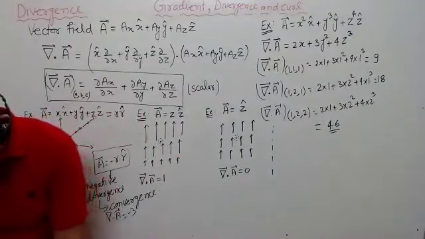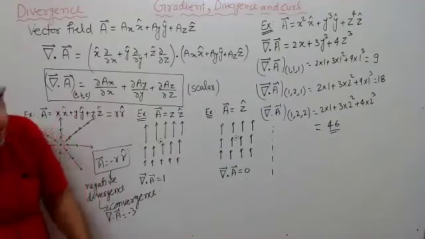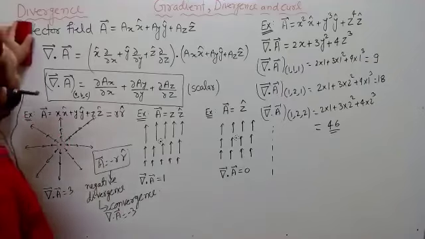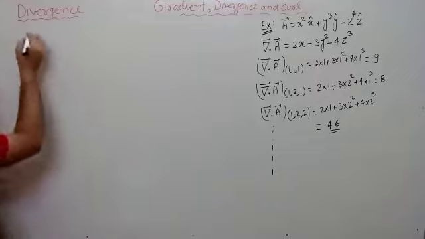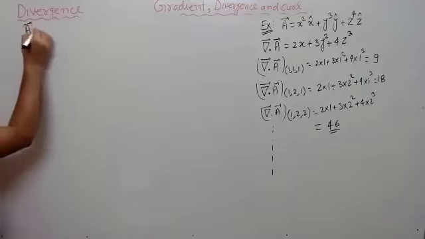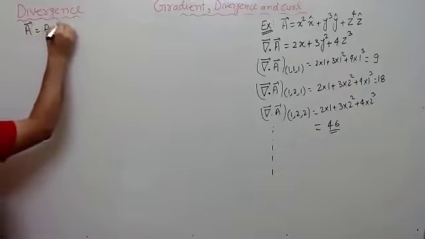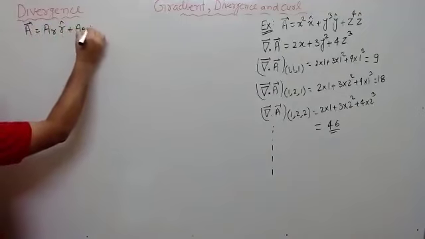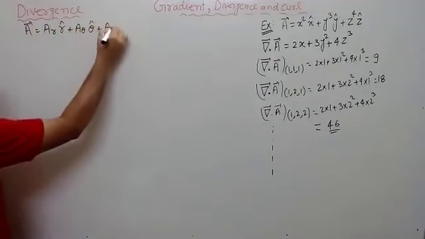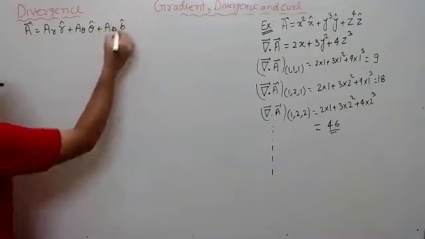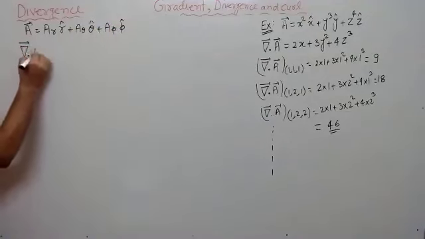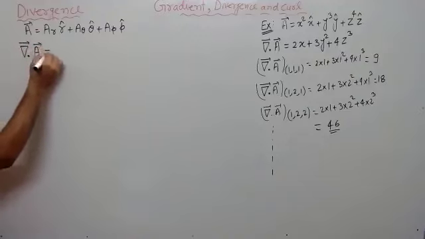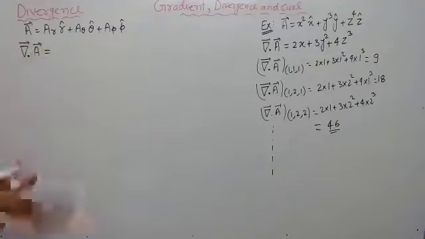Now we have to see how to calculate divergence in spherical polar and in cylindrical coordinates. So vector A is given in spherical polar coordinate, A_r r cap, A theta theta cap, A phi phi cap. Again you have to remember this formula, how to write divergence of A in spherical polar coordinate.